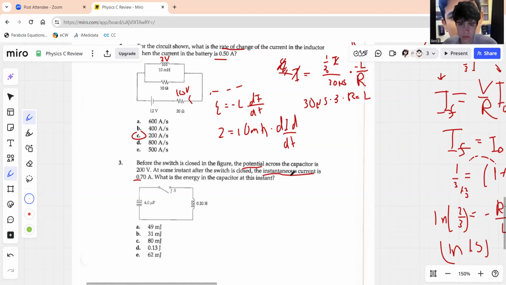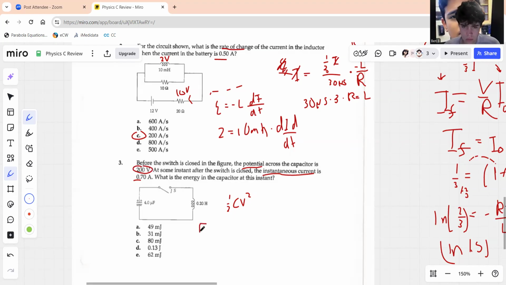So you have two energies, right? 1/2 CV squared, essentially. And so before the switch is closed, it's 200 volts.